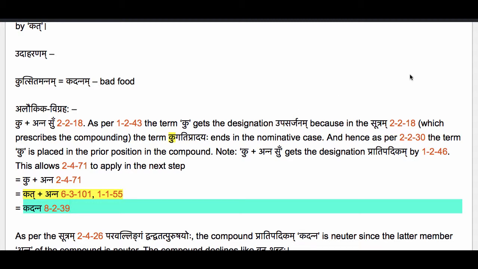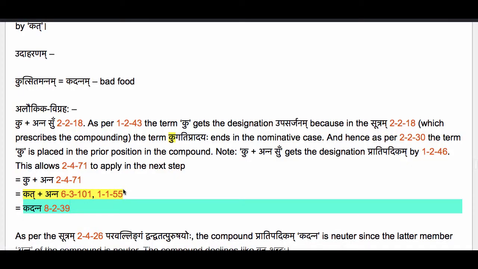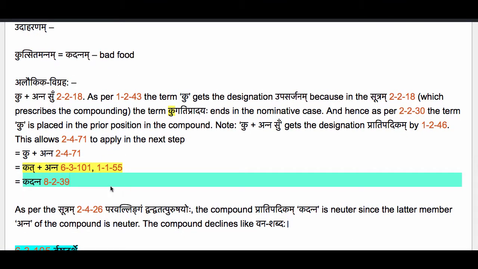Hence ku does have the padasanya by 1.4.14 suptingantam padam with the help of 1.1.62 pratyaya lope pratyaya lakshanam, and hence kat, which came in place of ku, also has the padasanya as per 1.1.56 sthanivadadesho nal vidhau. So therefore the conditions for applying 8.2.39 jalam jashonte are satisfied.